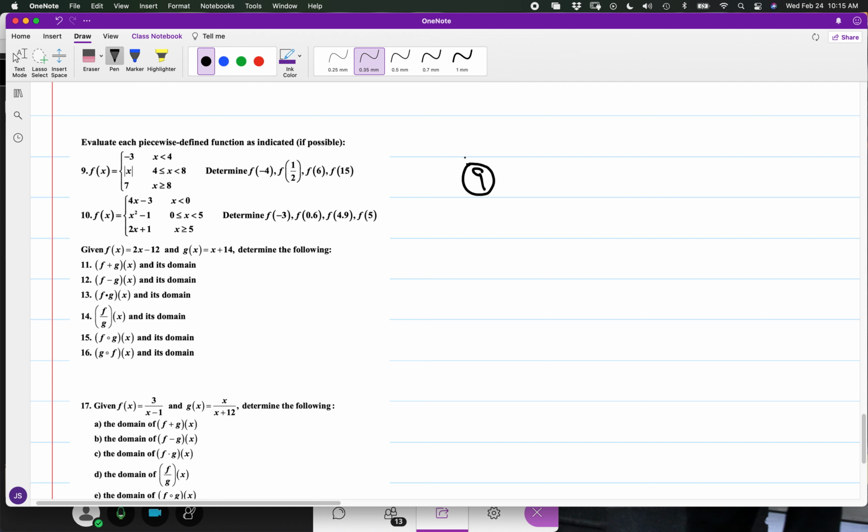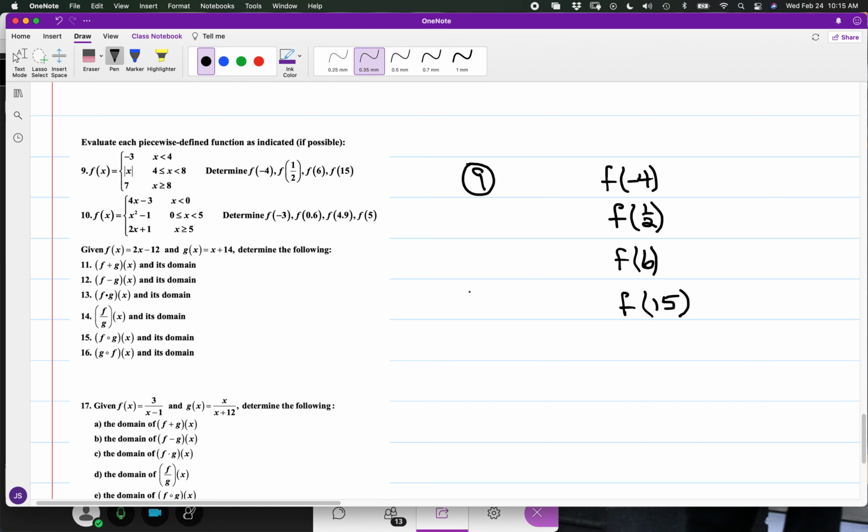We're looking for f of negative 4, f of 1/2, as well as f of 6, and also f of 15.